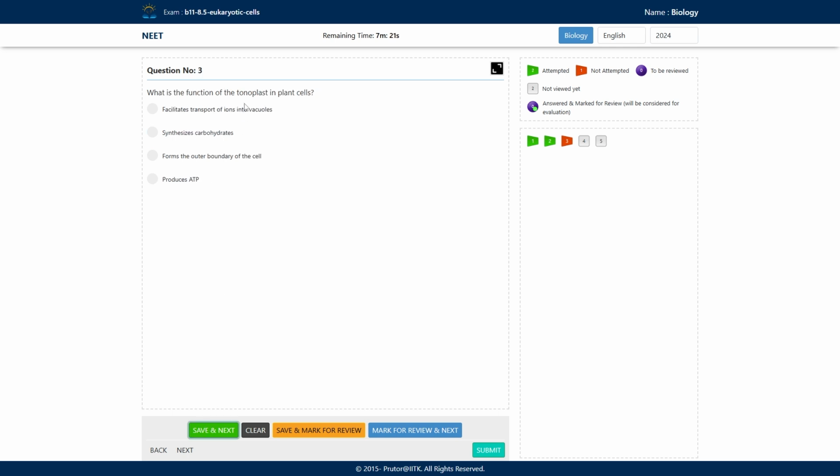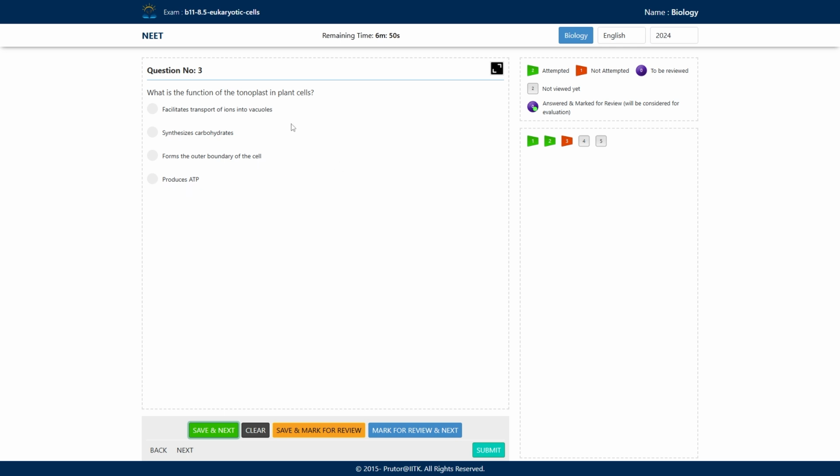Next one, what is the function of tonoplast in the plant cell? Plant cells consist of vacuoles, and vacuoles are surrounded by a layer known as the tonoplast. First option is facilitate transport of ions into the vacuole. The next is synthesizes carbohydrate. Option three is forms the outer boundary of the cell, and option four is produce ATP.